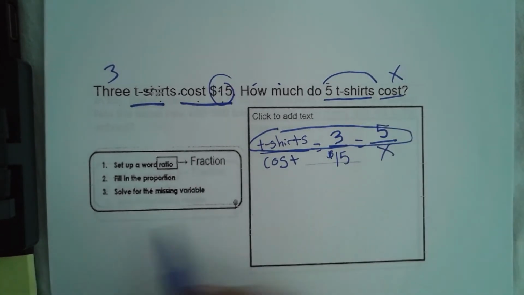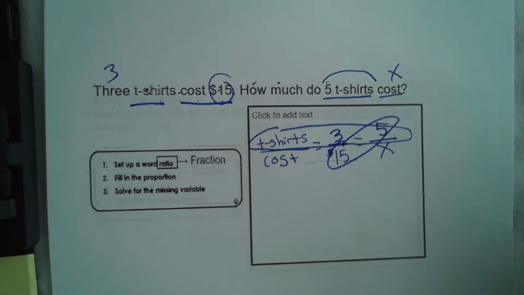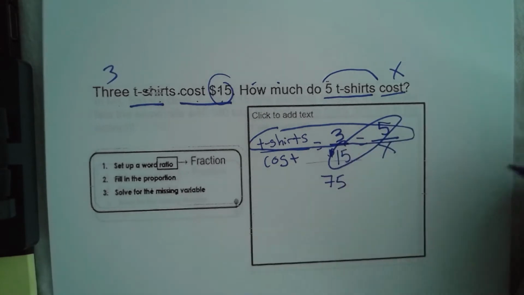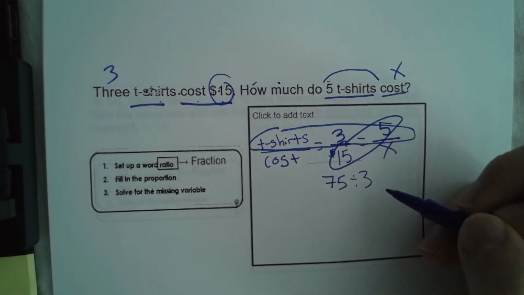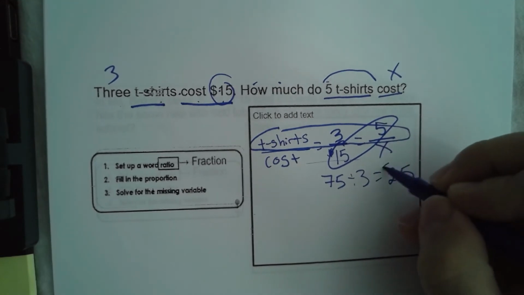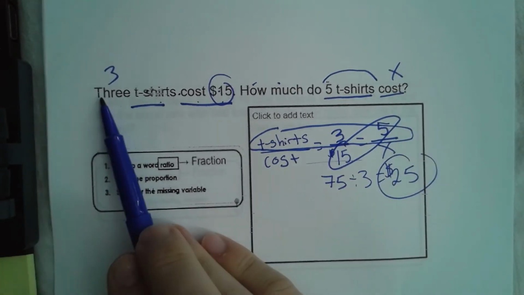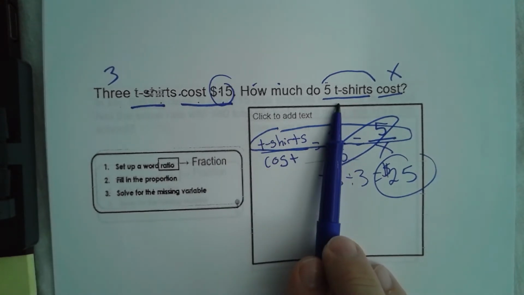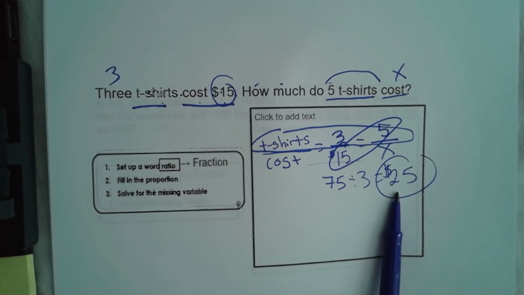Alright? And then step 3 is solve. Easy, right? 15 times 5 is 75. And then you divide by 3. And you're going to get $25, right? So 3 t-shirts cost $15. 5 t-shirts cost $25. Easy, right?